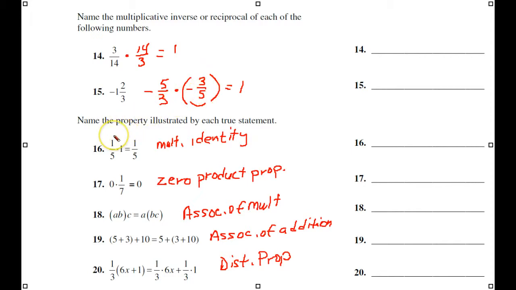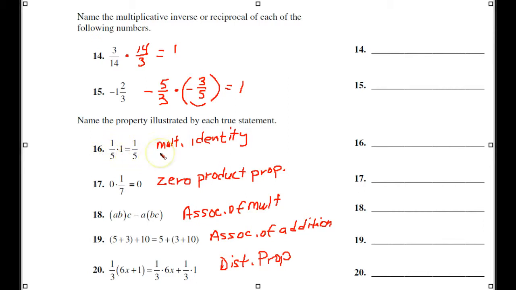And again, practice. I don't know if I mentioned to you earlier that a good technique is to write these out on a little index card, the various properties. And then, as you use that as a reference, there'll be a time you won't have to look at the card anymore. So here, multiplying anything by 1 doesn't change its value.